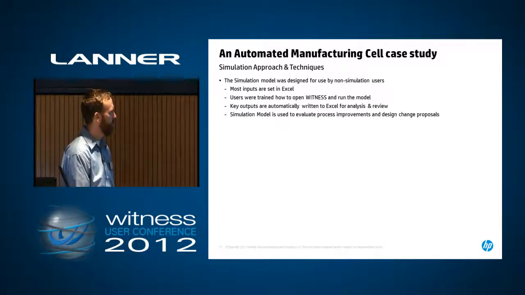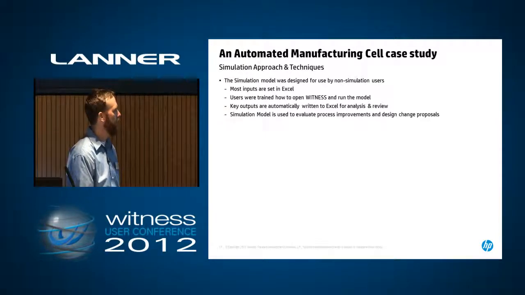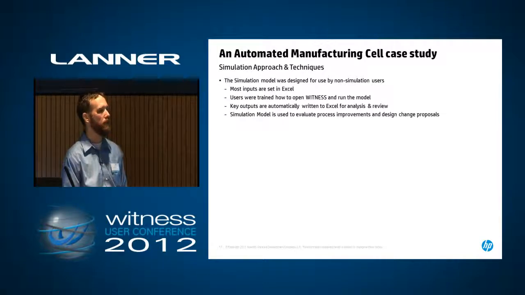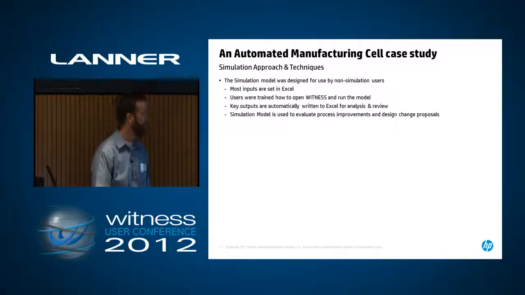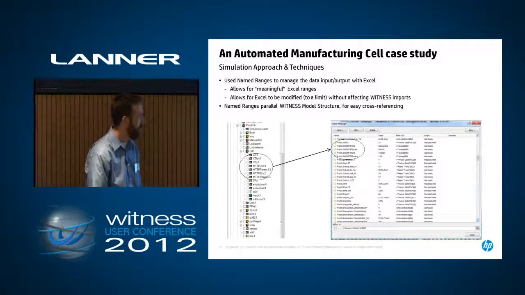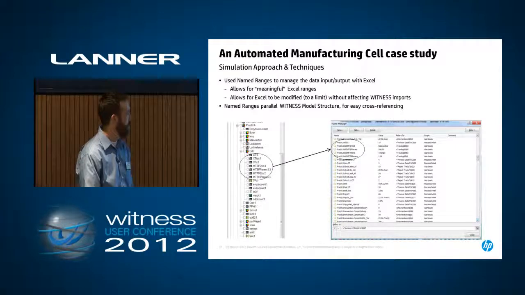The approach I took was I actually named my ranges to parallel the Witness model structure. So, for example, and I don't know if you can read this very well, it looks kind of blurry, this is the hierarchy chart over in Witness.